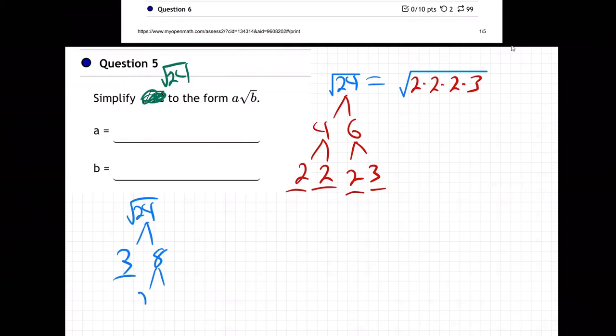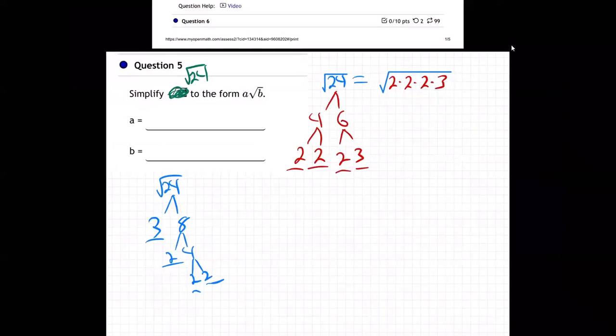And then 3 is done, and this would be 2 times 4, and this would be 2 times 2. My point is, it's the same thing, three 2's and a 3. It doesn't really matter how you break it down. If you keep going all the way down, you'll find out the fundamental structure of 24 is three 2's and a 3. That's what makes a 24. If you took your calculator and multiplied 2 times 2 times 2 times 3, you'd get 24. That makes a 24. Okay, great.